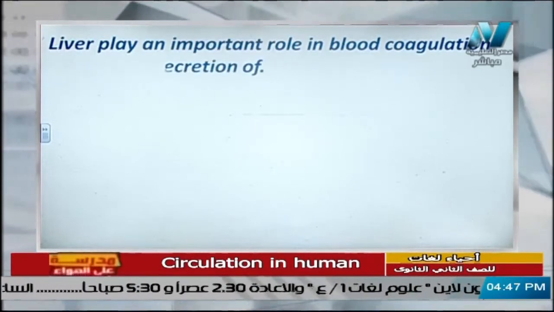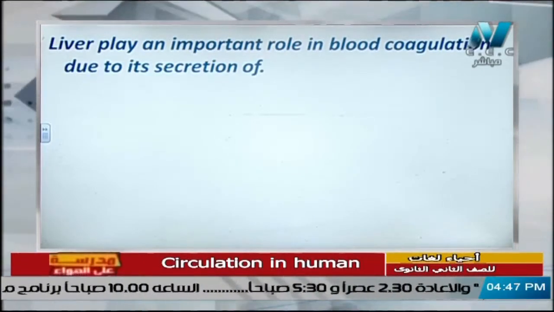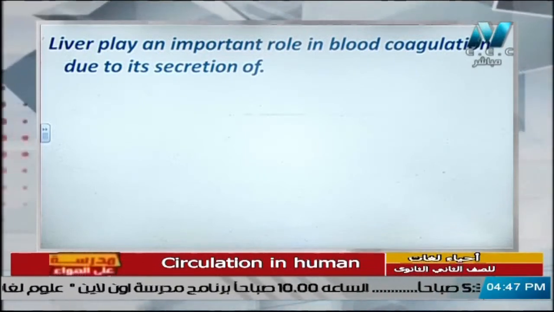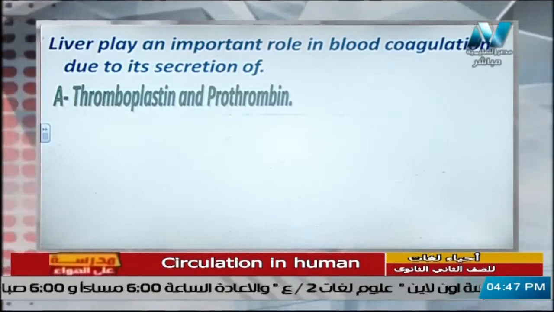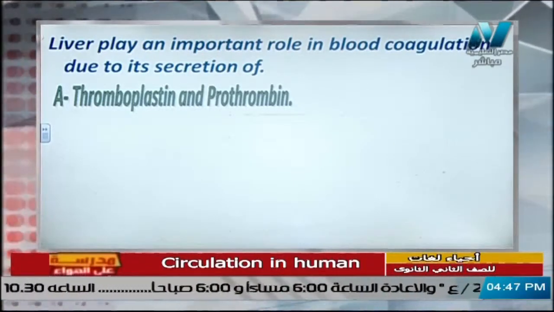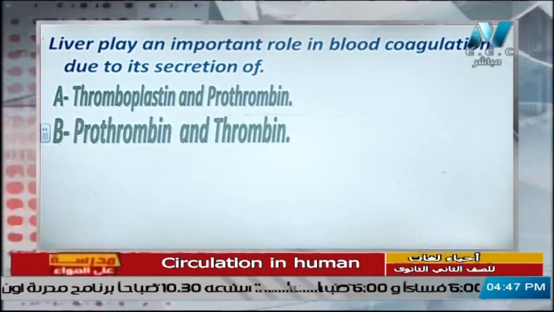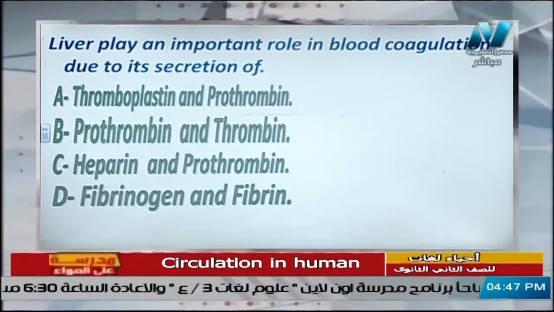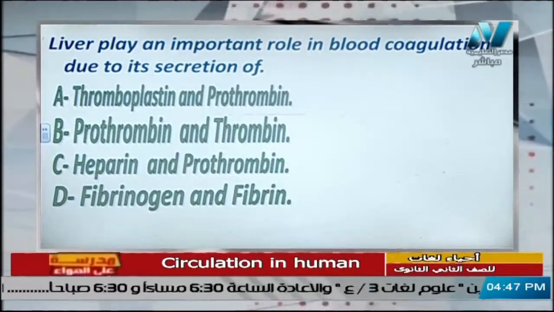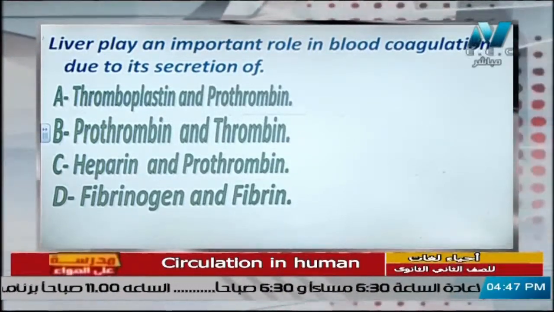Next one. Liver plays an important role in blood coagulation due to its secretion. We have discussed this a lot. We know thromboplastin and prothrombin, prothrombin and thrombin, heparin and prothrombin, fibrinogen and fibrin. It says the liver plays a very important role in coagulation.